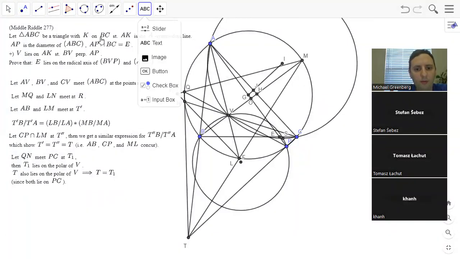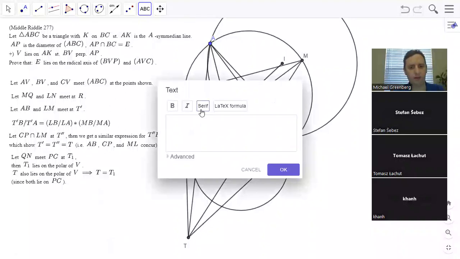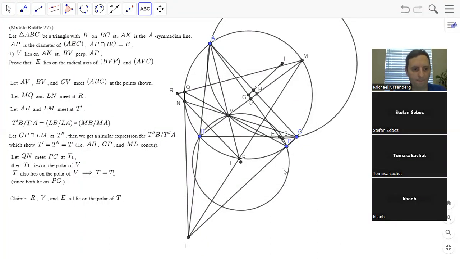So claim: R, V, and E all lie on the polar of T. All that's left is to use the inversion to prove that E lies on the radical axis, and we're done. Do we need point S?